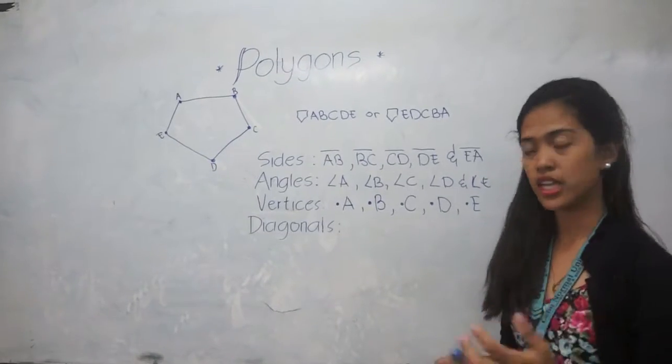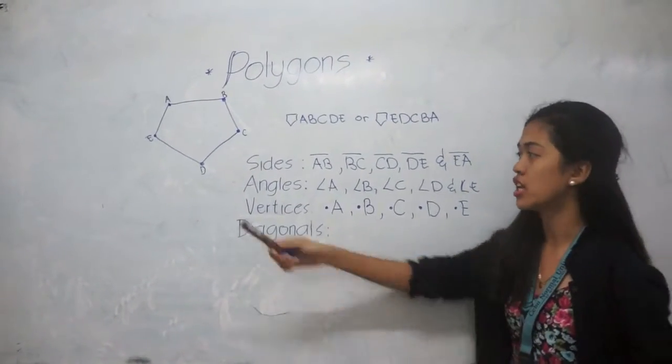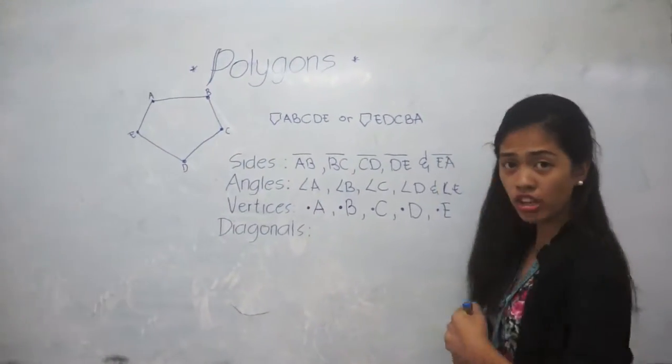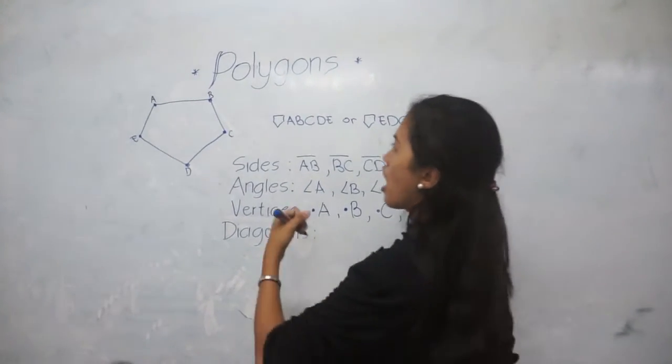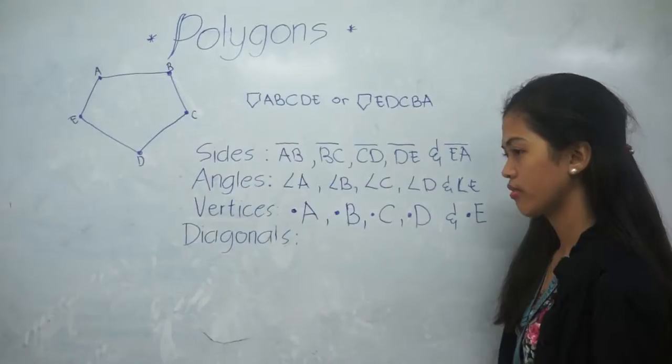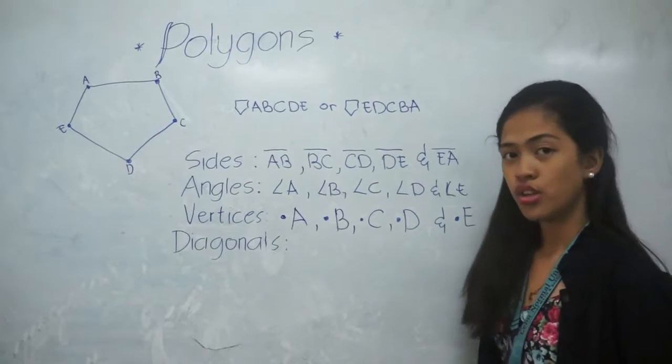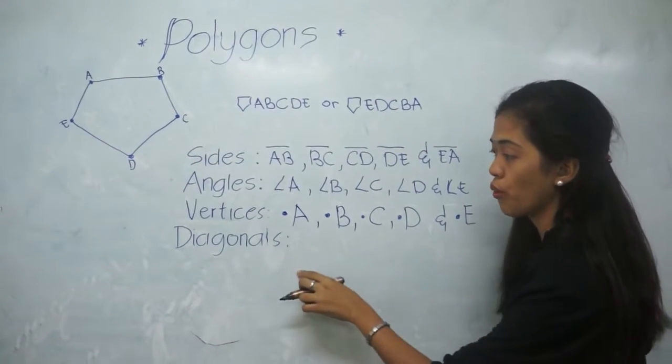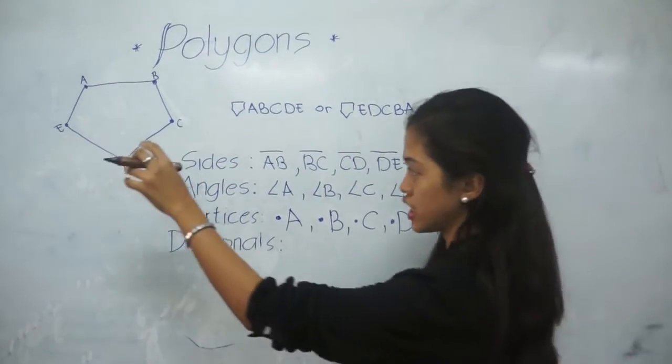So the last one is we're going to find the diagonals of this polygon.